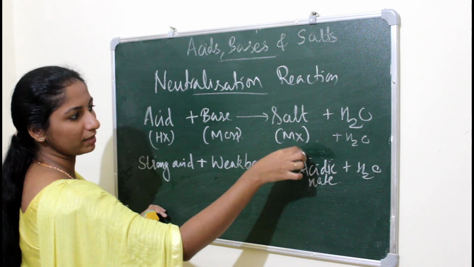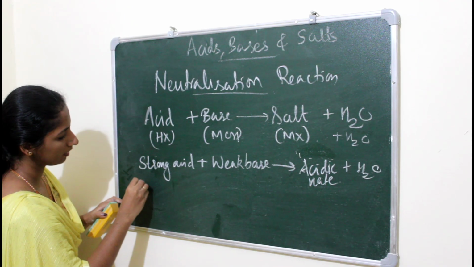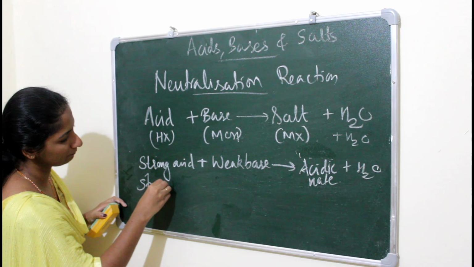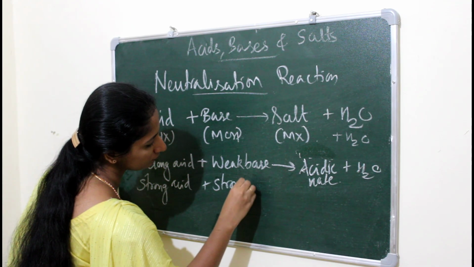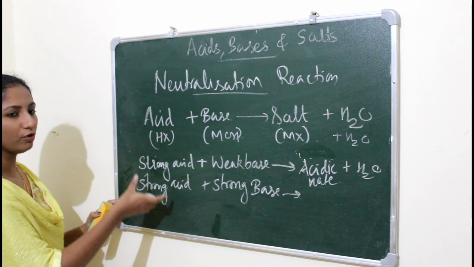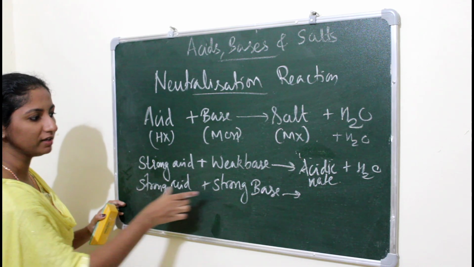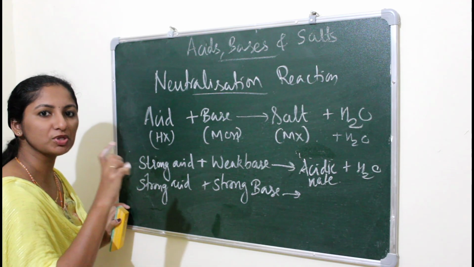We are comparing between this one. Okay, so when we are taking strong acid and strong base, what will be the nature of salt? Here we have enough amount of H plus ion and OH minus ion. This amount of H plus and OH minus ions are almost equal.